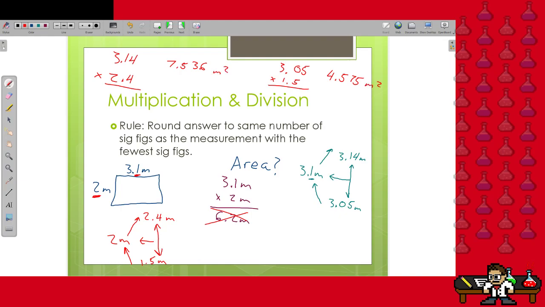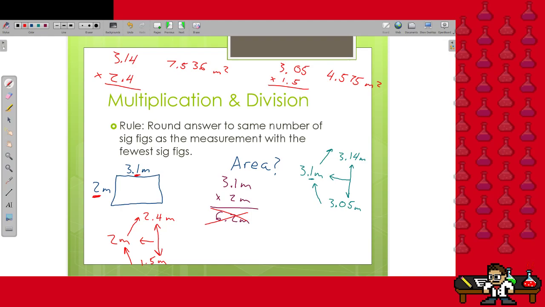So what we have here is the upper and lower limit to what our calculation could be. If we had the absolute max, it's going to be about 7.536. If we had the absolute minimum for what these values could be, it could be 4.575.